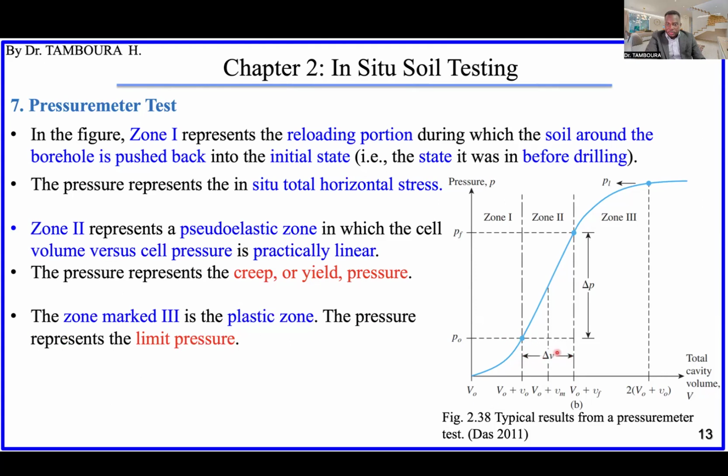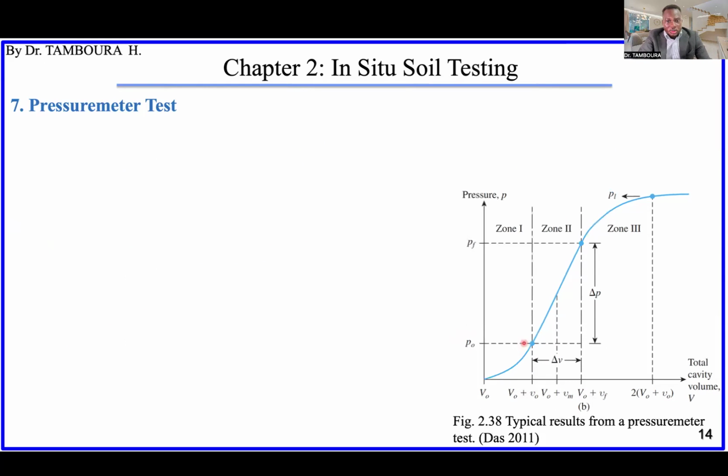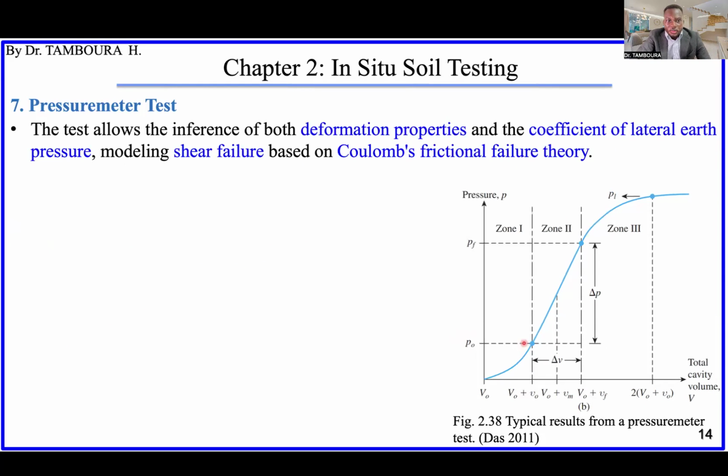Delta V is the volume corresponding to PF minus the volume corresponding to P0.